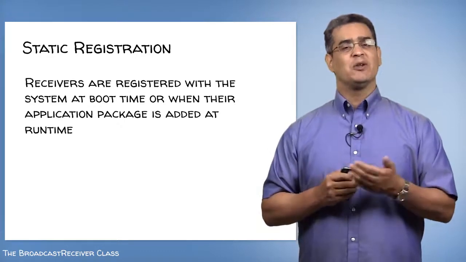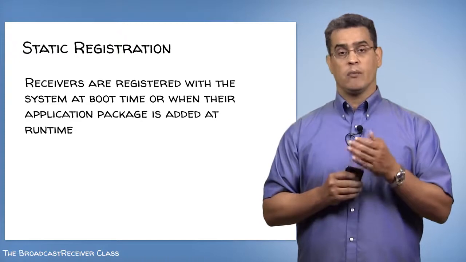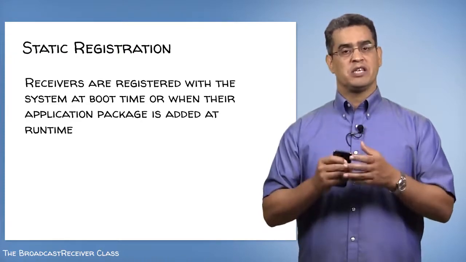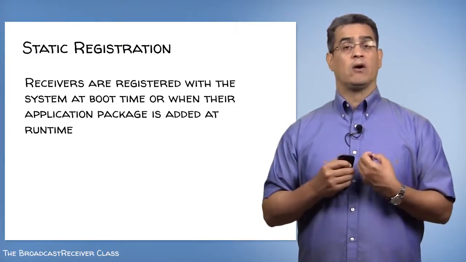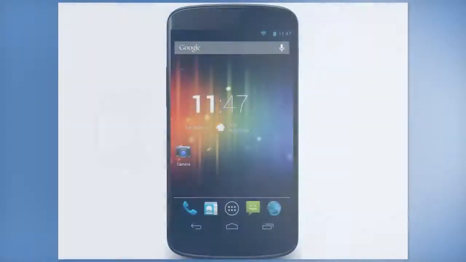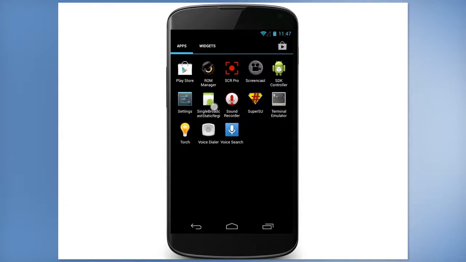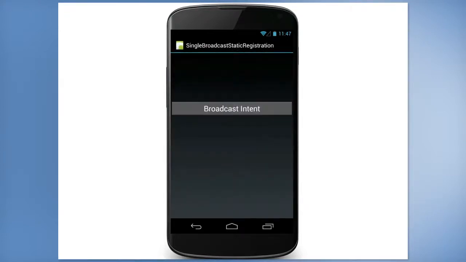So let's take a look at an application that statically registers a single broadcast receiver to receive a custom intent that I'll call the show toast intent. And I'll start up the single broadcast static registration application. This application displays a single button labeled broadcast intent.